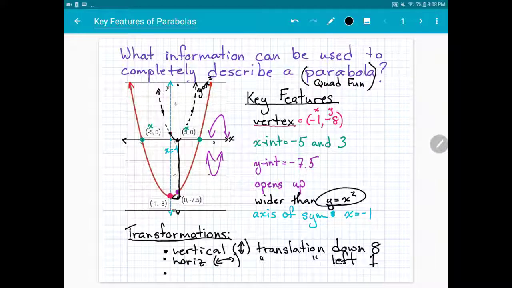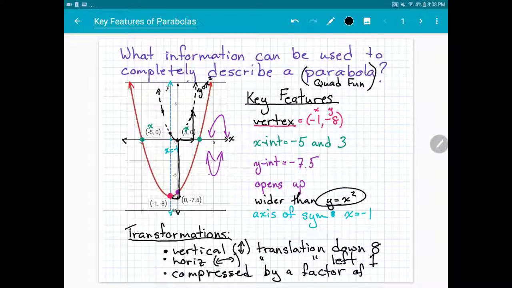Well, what else is there? It's wider, right? So we call that a compression when it's wider, by a factor of... let's take a look at some points and how they changed. This one here, we went right 2 and up 4.